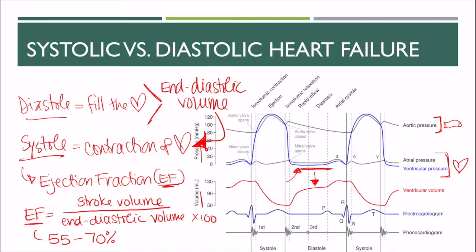If somebody has heart failure with reduced ejection fraction, this number would go down, right? So a heart failure patient might have less than 30 to 40% ejection fraction if that's the factor of their heart that's causing the heart failure. So that's just a little review of those 2 cardiac cycles.